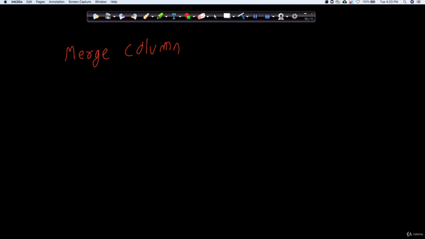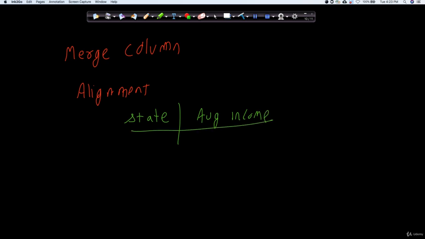One problem which is kind of a tricky problem sometimes is called the alignment problem. Now what does this mean? What does this problem look like? So maybe I have data where I have state and average income. Now let's say here I have data like Karnataka, and average income is, let's say, 30k US dollar.